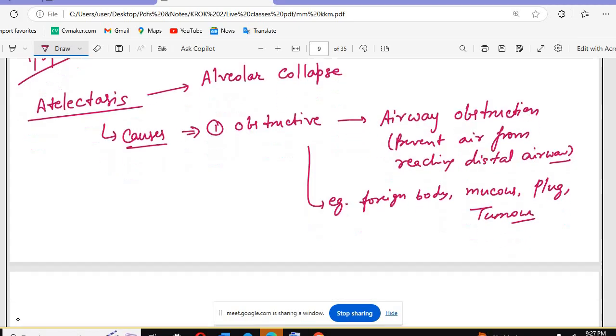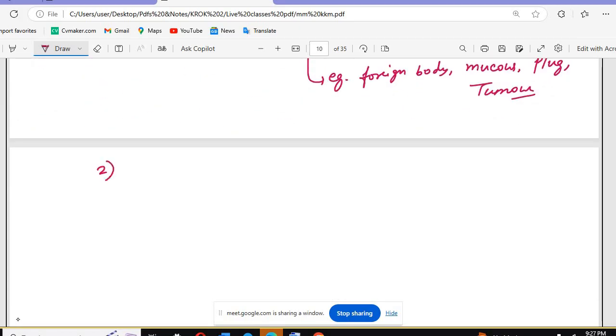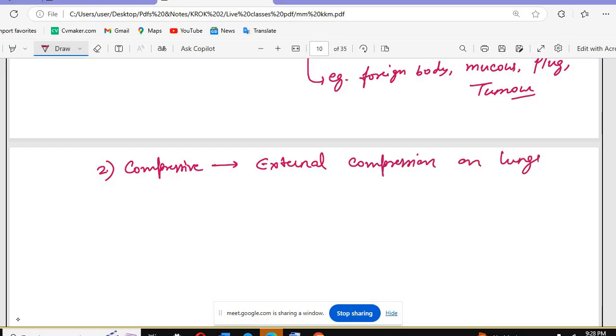Okay, now see if you have some kind of compression, the compressive cause. This is known as external compression on the lungs. If you have some external compression on the lungs, what will it do?